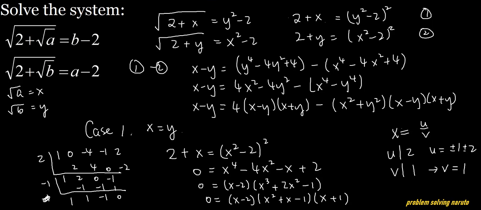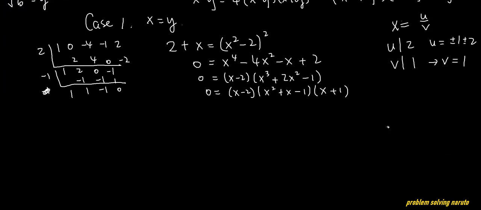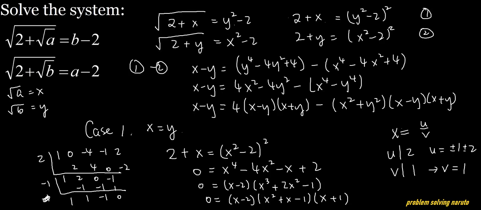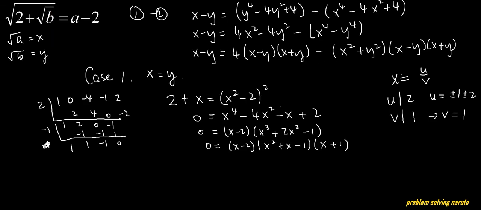Okay, so in this case, in case 1, we have found 4 roots. But please remember that we did several squaring, and so maybe some of them are extraneous roots. So we have to test it out later. Okay, but for now, let's just keep it there.